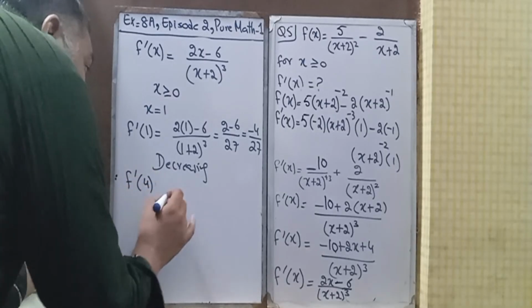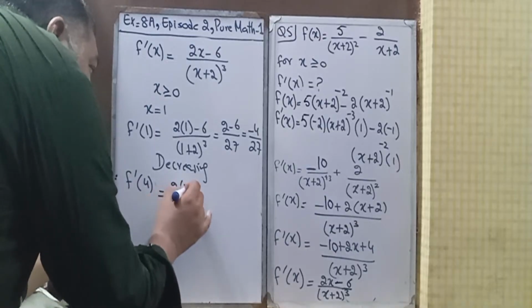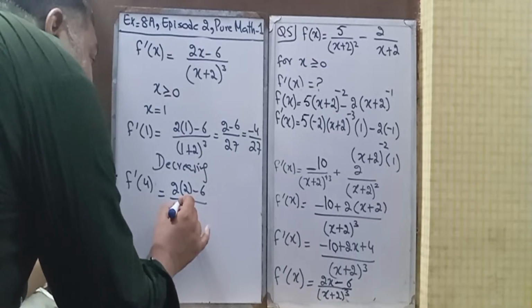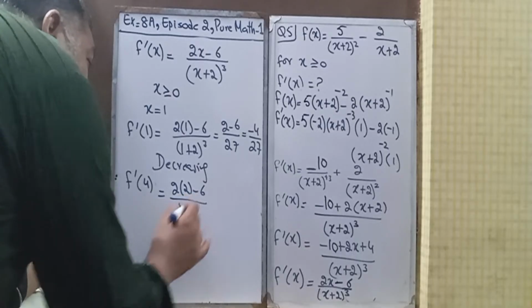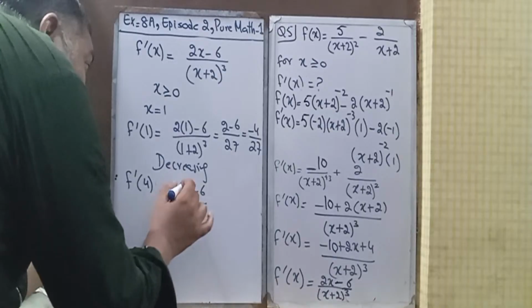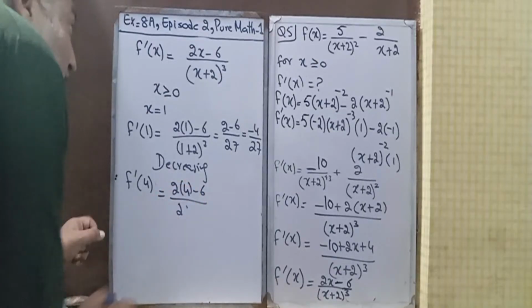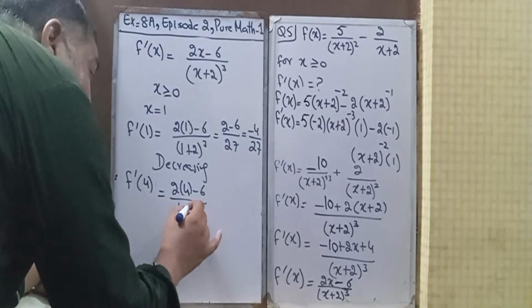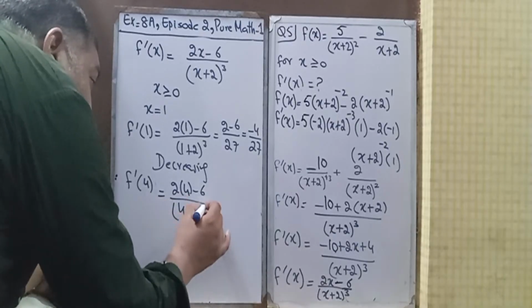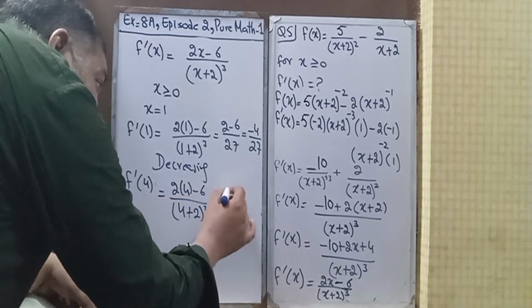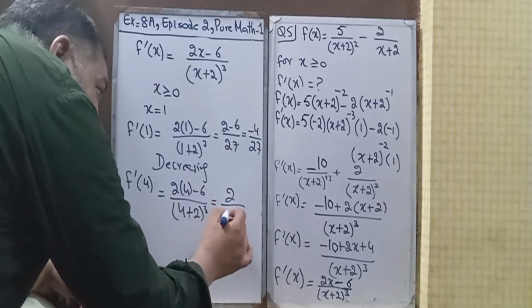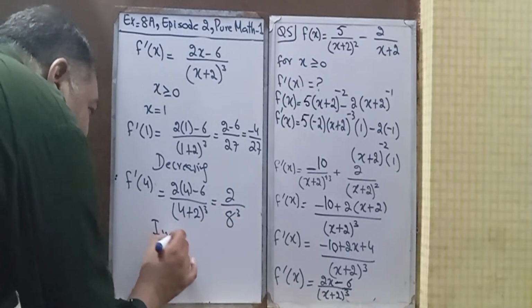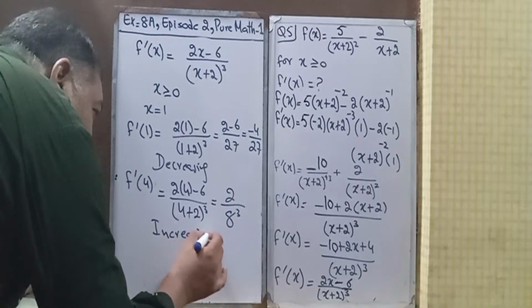So when I take 4, what will happen? 2 into 4 minus 6 divided by 4 plus 2 whole cube. So it will be 8 minus 6, which is positive 2, divided by 6 cubed. And this is positive. So now the function is increasing.